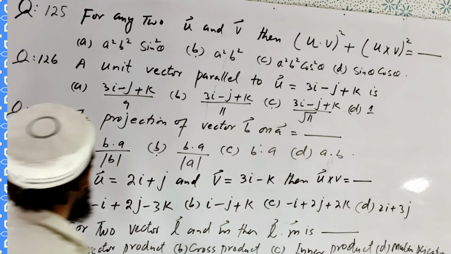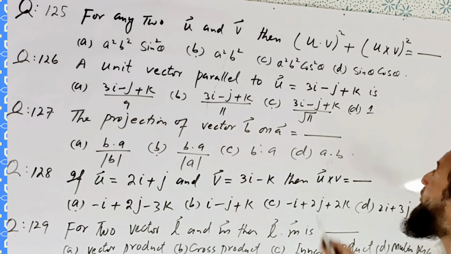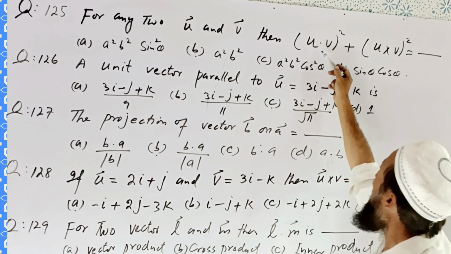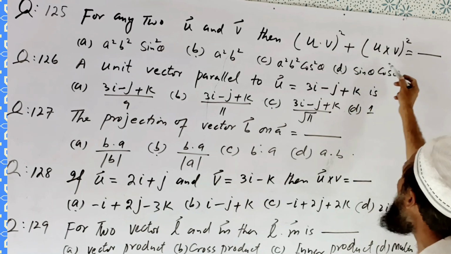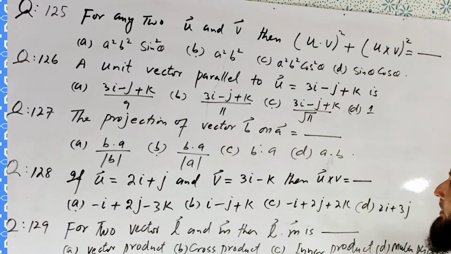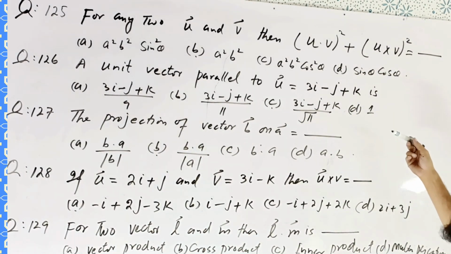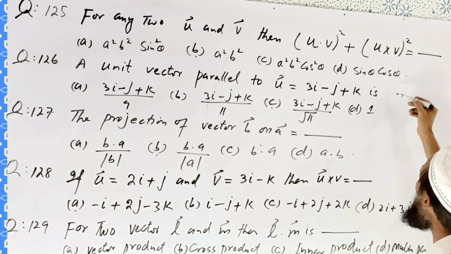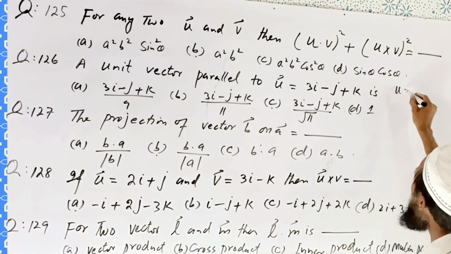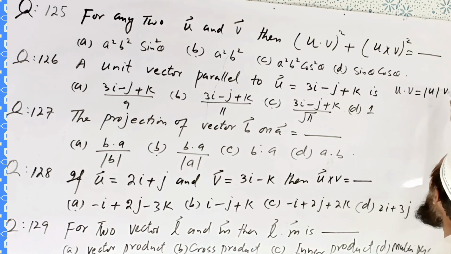Dear students, question number 125: for any two vectors u and v, u dot v whole square plus u cross v whole square is equal to what? According to the formula of the dot product, u dot v equals the magnitude of u, the magnitude of v, and cos theta.